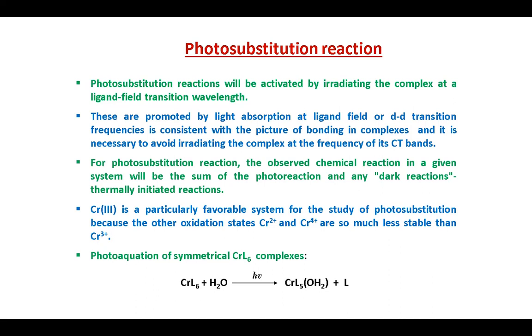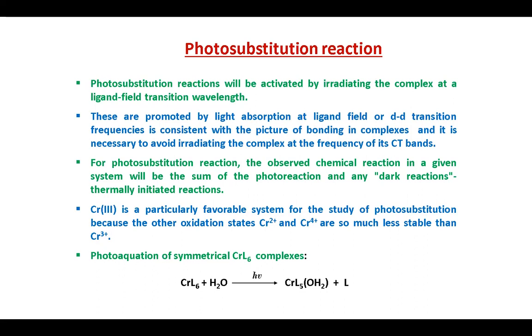Photo-substitution reaction. Photo-substitution reactions will be activated by irradiating the complex at a ligand field transition wavelength. These are promoted by light absorption at ligand field or d-d transition frequencies, which is consistent with the bonding in complexes.